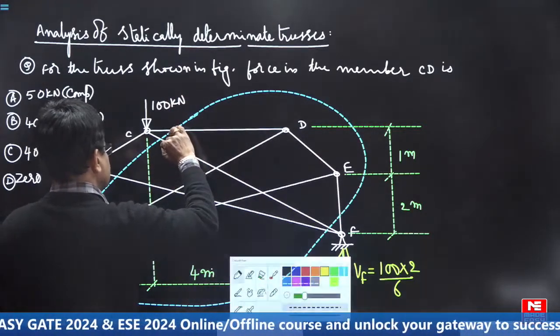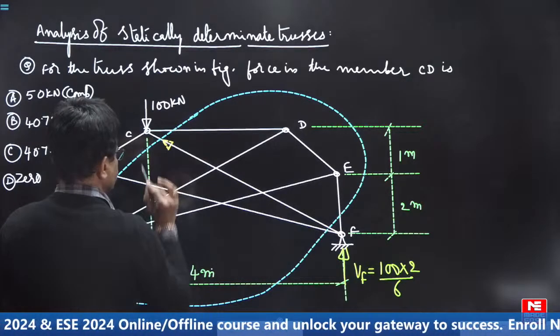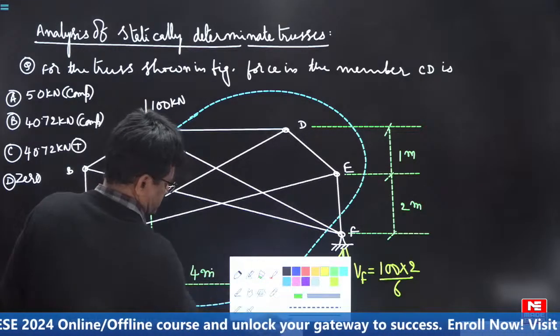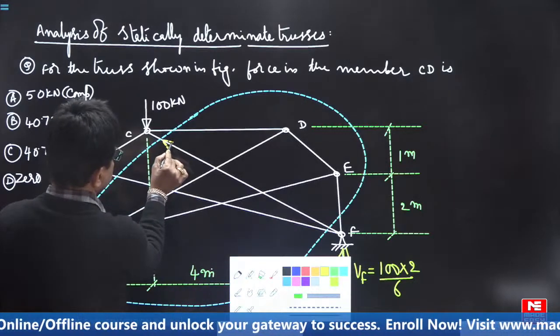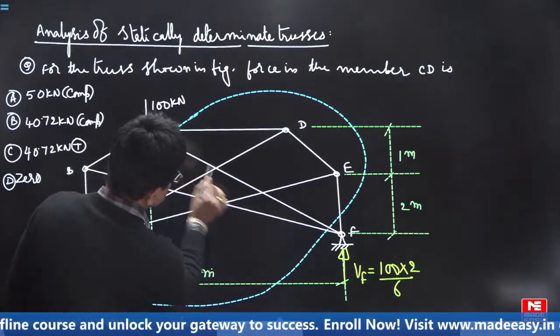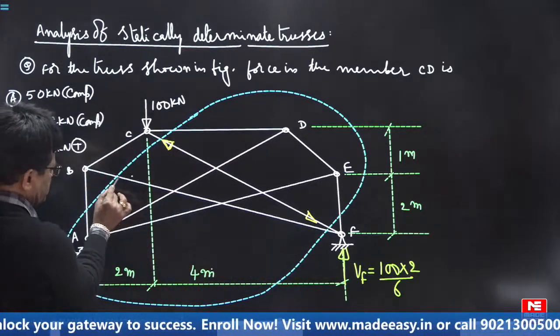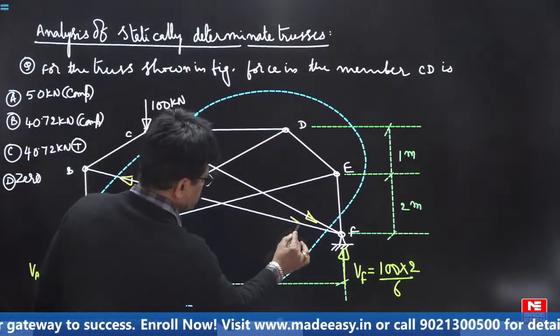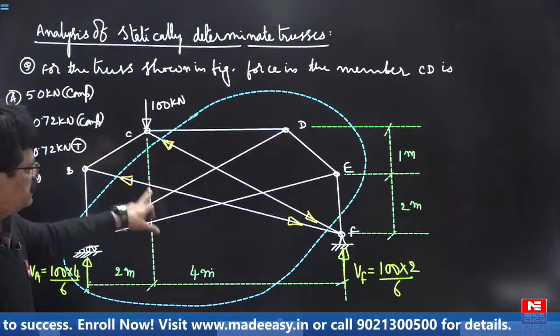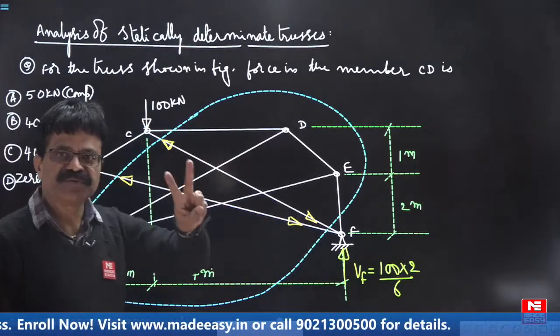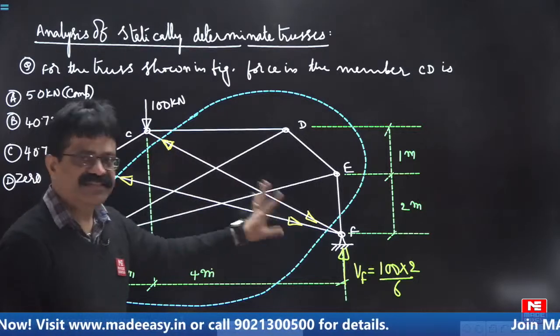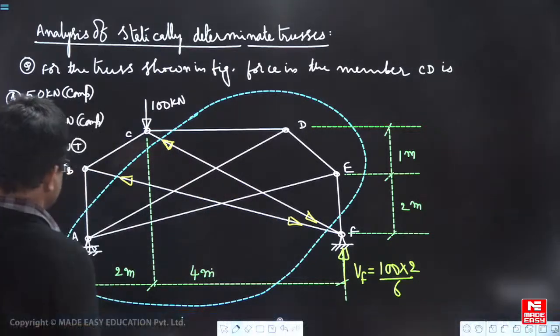If you show that this force is, let us say, compression, same member, this is also compression, they get cancelled. Let us also assume that this is also compression, this is also compression. So these 2 members are cut at 2 places, so the forces get cancelled.